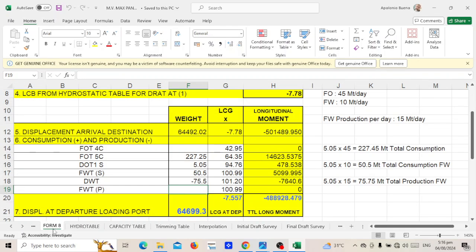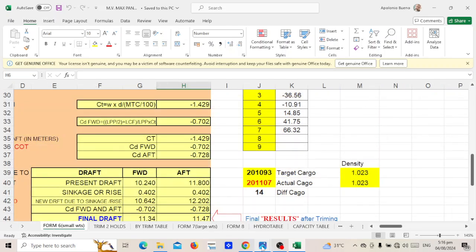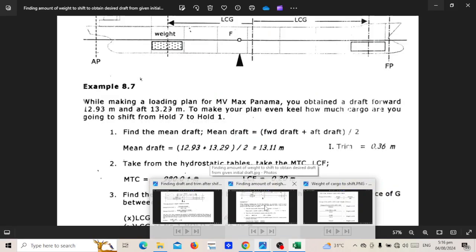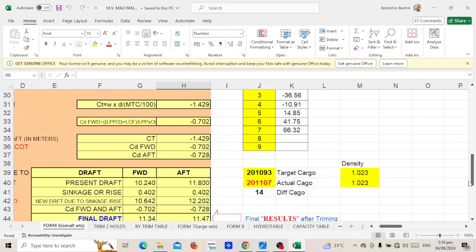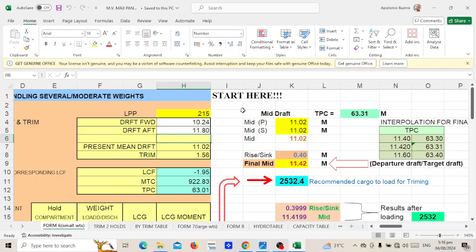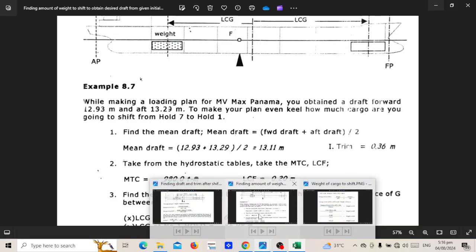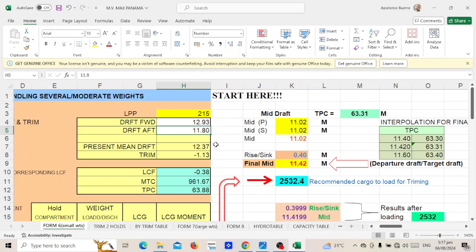So what was the draft forward? 12.93. Put here 12.93, and aft will be how much? 13.29.